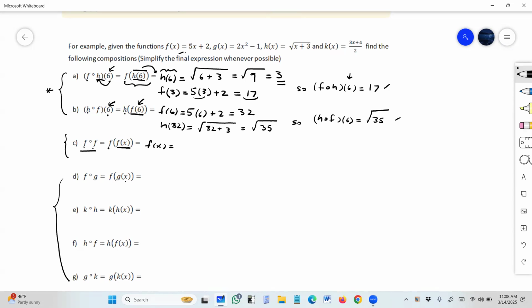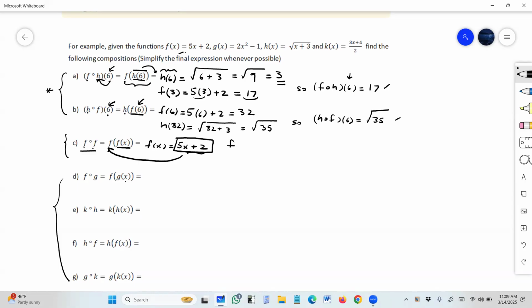So f of x is 5x plus 2. And now I have to compose that function with f of x. So this input has to go inside the f function. So this whole thing now is going to go inside the x.